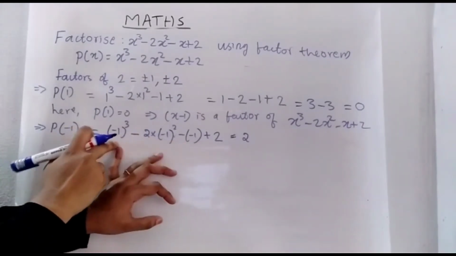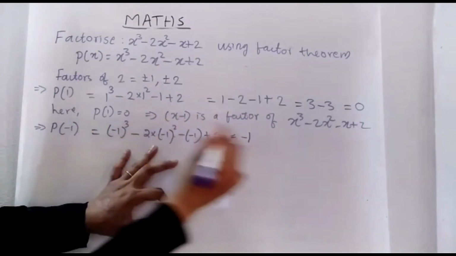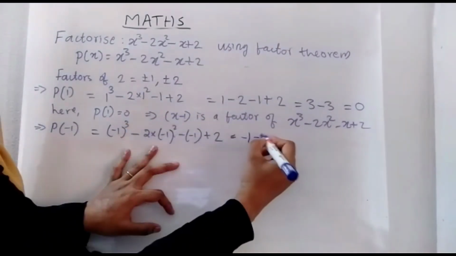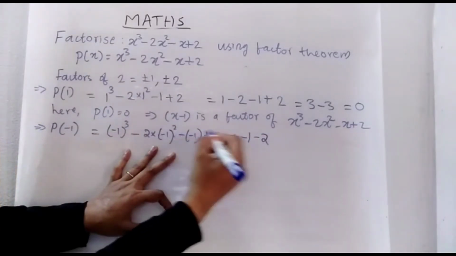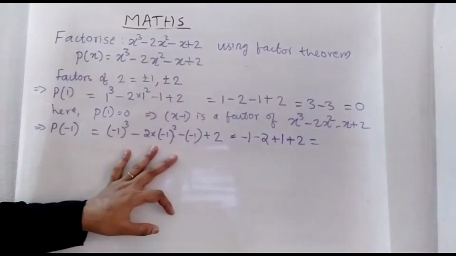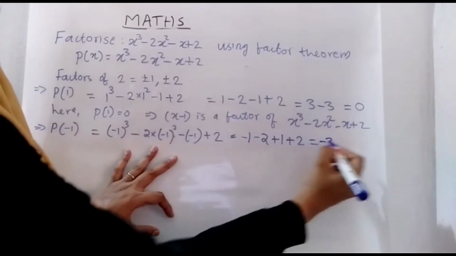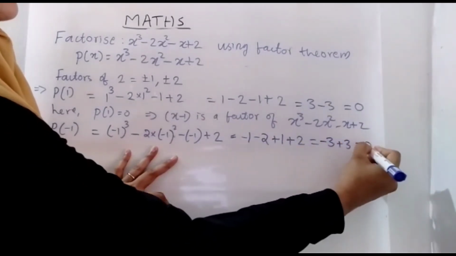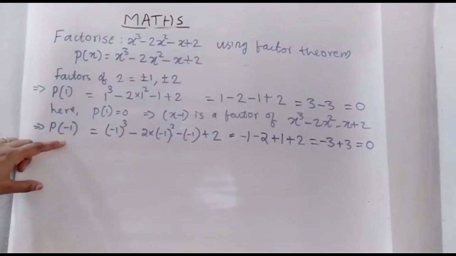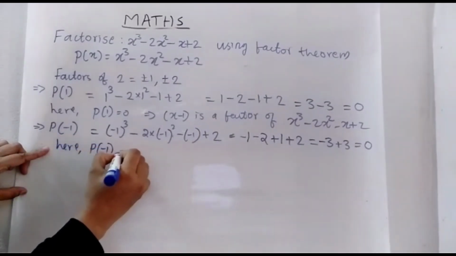Minus 1 cube is minus 1, then minus 1 square is 1, into minus 2, minus of minus 1 plus 1 plus 2. Negative terms minus 1 minus 2, that is minus 3, plus terms 3, that is 0. Here also we got 0. That means p of minus 1 is equal to 0.